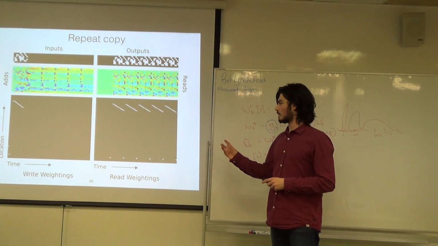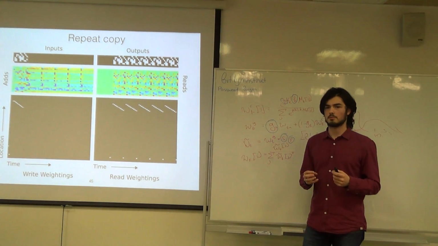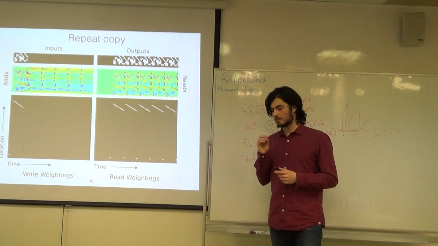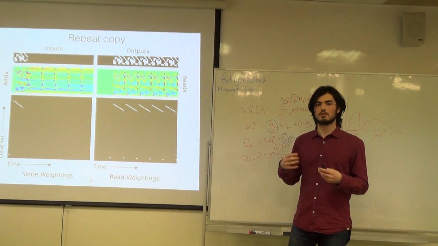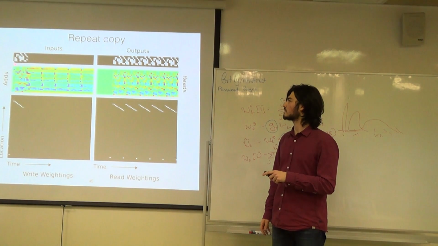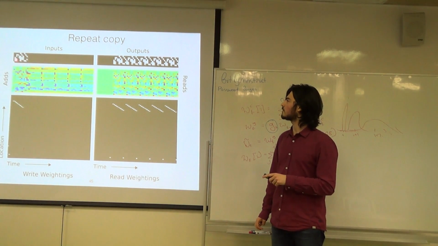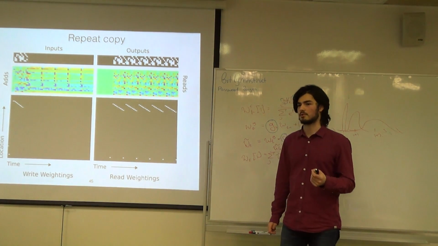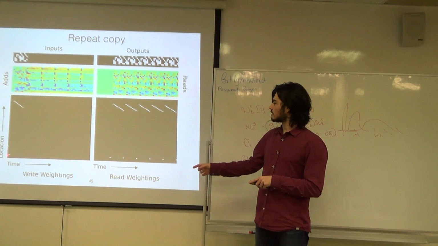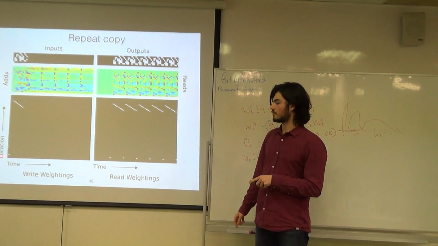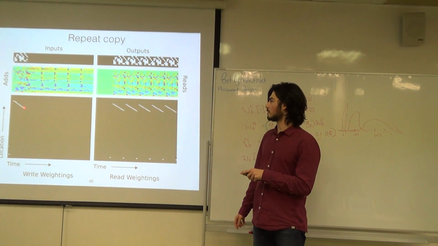Okay. So a bit harder task is repeat copy. You are first provided the number of times you have to repeat the input, and then you are given the input. So for example, this is the input, and the first bit is the number of iterations. So how does it do it? It stores into this position the number of iterations, and then it stores the input.